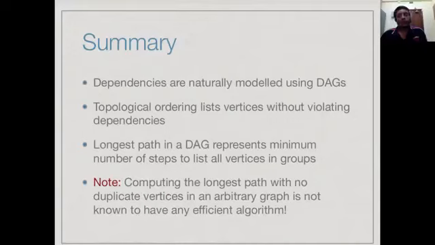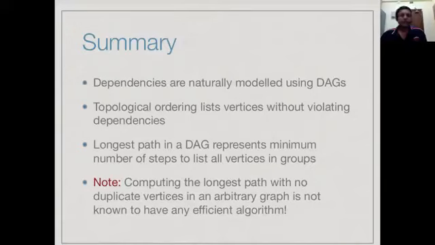Now it is important that we have been able to find an efficient linear time algorithm for longest path only because we restricted our attention to DAGs. If we look at arbitrary graphs, which are not necessarily DAGs, and we want to find longest paths, of course, if we have loops, the longest path will be undefined because we can go round and round a loop. So if we define a longest path to be one in which we have a sequence of vertices with no duplicates, so the length is at most n, then in an arbitrary graph, this is a very challenging problem and there is no known efficient algorithm.